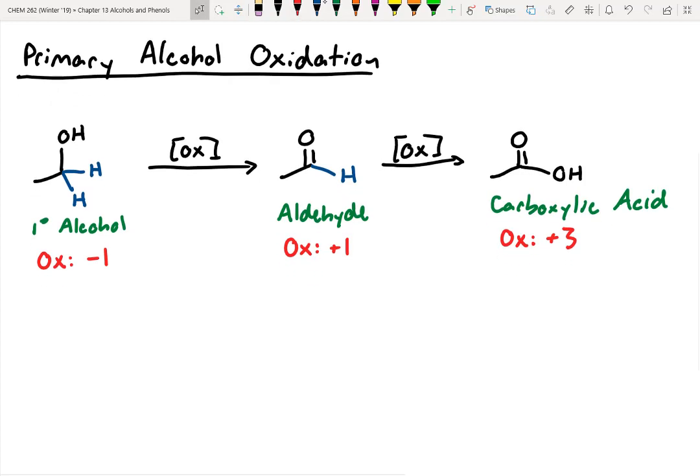All right, so primary alcohols can actually undergo 2 separate oxidations. If we have a gentle oxidant, we can stop at the aldehyde. If we have a really, really strong oxidant, it will blow past the aldehyde and go straight to the carboxylic acid. So we do need to be careful with what reagents we choose. All right, secondary alcohols. Let's take a look at what happens with that.